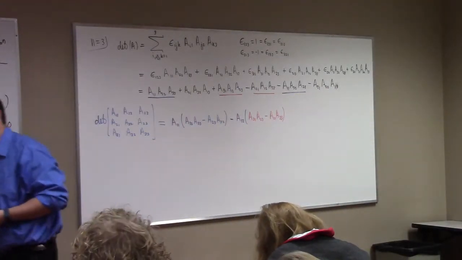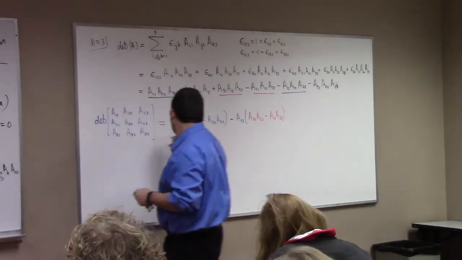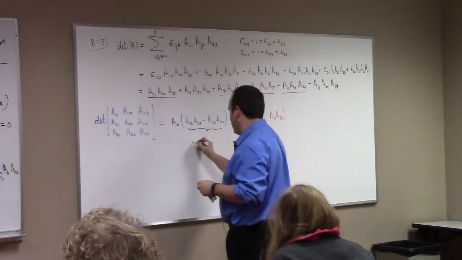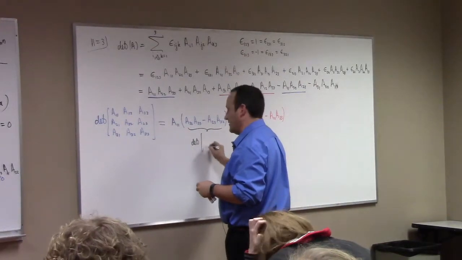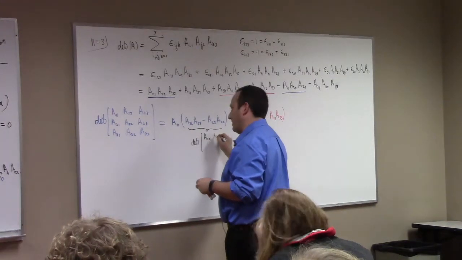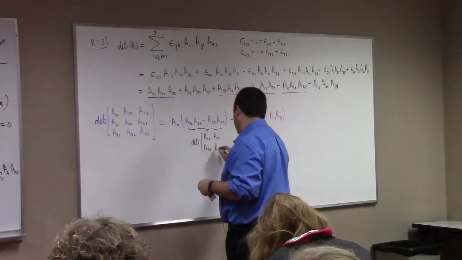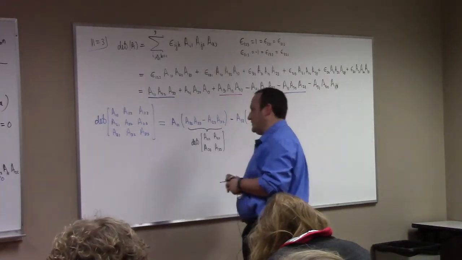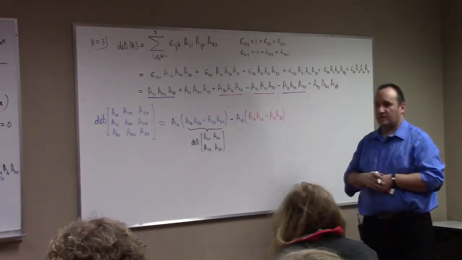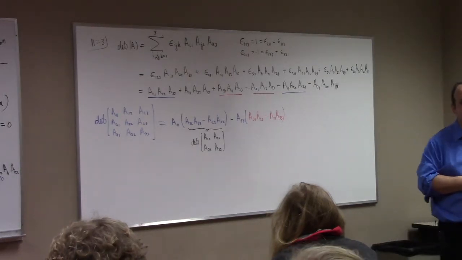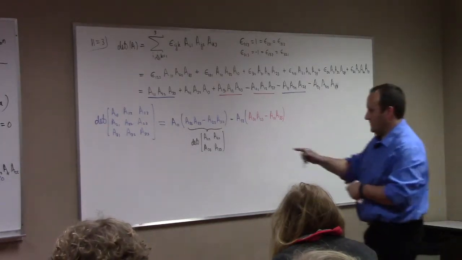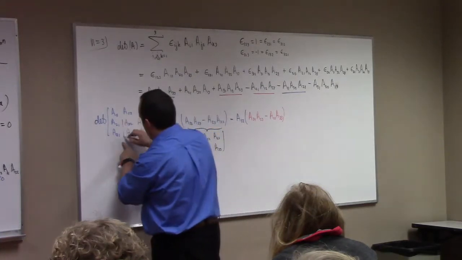So let me point out what we're looking at. This is in fact the determinant of what? It's the determinant of the original matrix with the first row and first column crossed out, right? This is this right here.